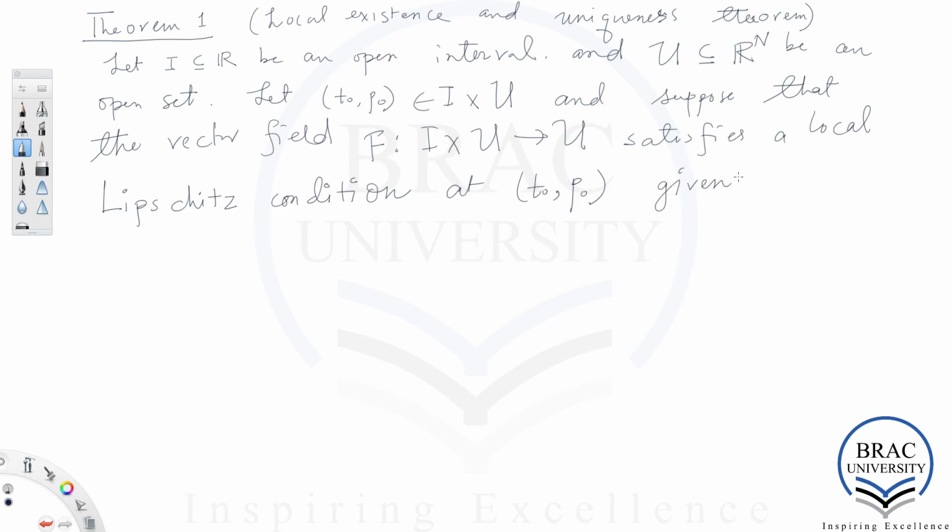given in equation 5. So have a look at the notes. You'll see equation 5 is the local Lipschitz condition that we discussed earlier. Okay, so I'm not going to write this local Lipschitz condition again, so I'm referring to equation 5.